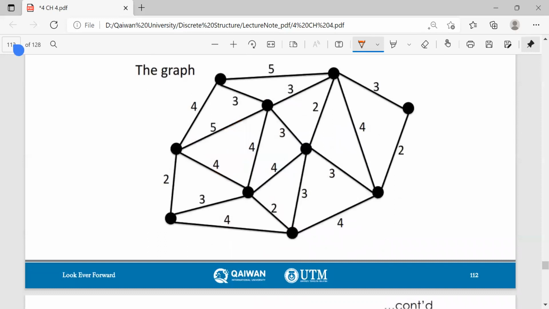Now we should find the minimum spanning tree. We must take a tree from this graph which contains all the vertices, and it is the minimum spanning tree. How do we do that?